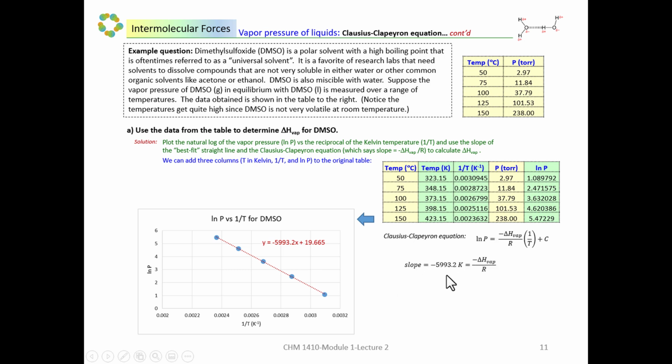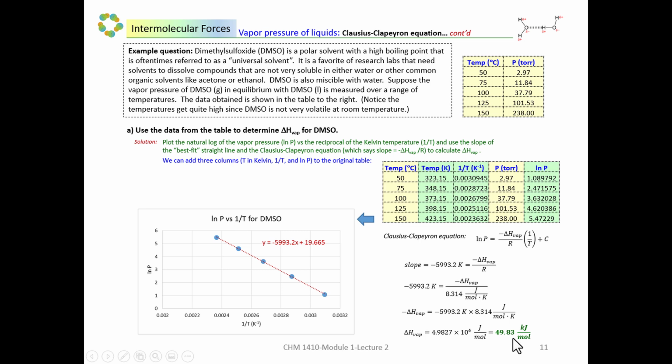The slope of this line is minus 5993.2 K. We set it equal to minus delta H of vaporization over R. Just like we did for acetone in water, we solve for the heat of vaporization, and we convert the final units to kilojoules per mole, and we get 49.83, and that number is higher than either the number for acetone or water, which is consistent with the fact that DMSO is much less likely to evaporate at any given temperature than acetone or water.